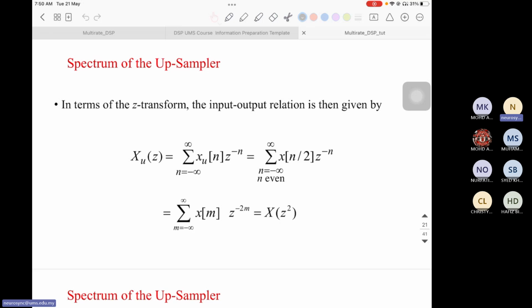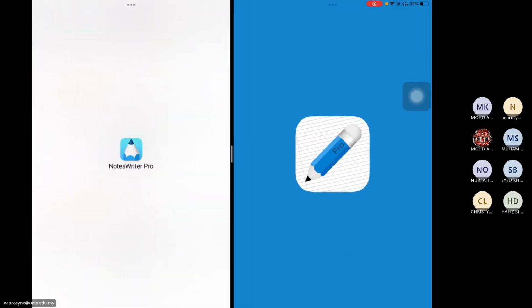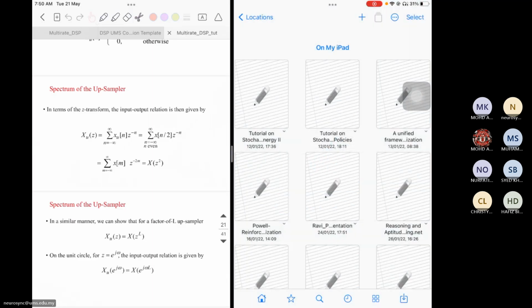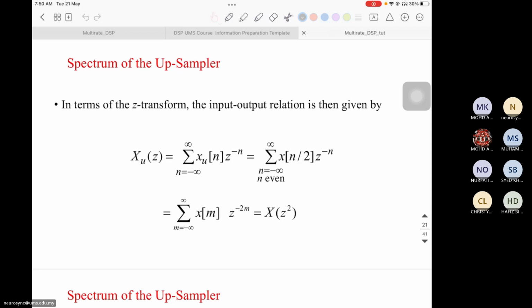Now here I will write n by 2 equal to m, so n equal to 2 into m.